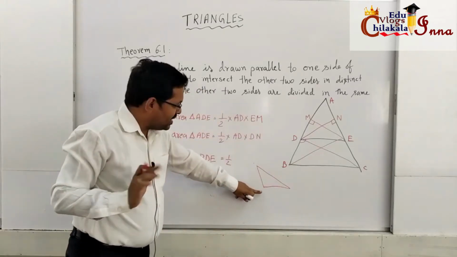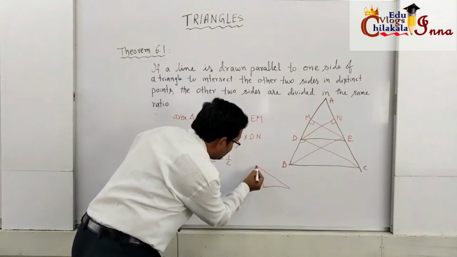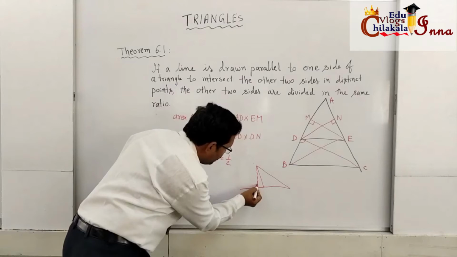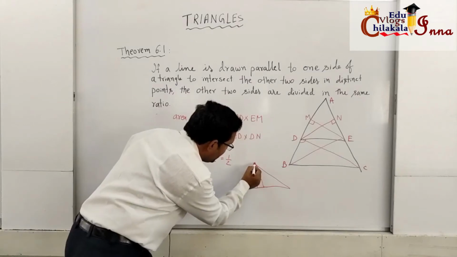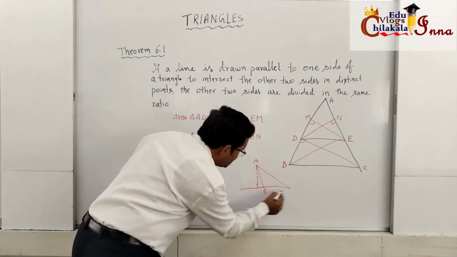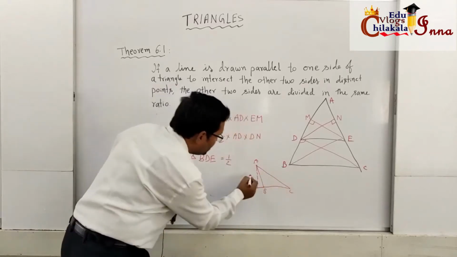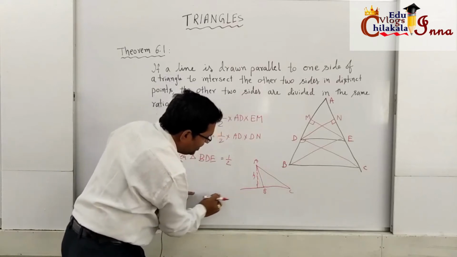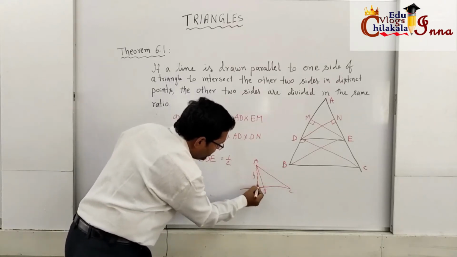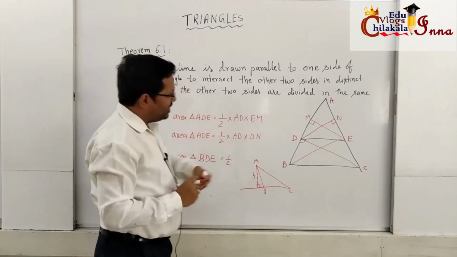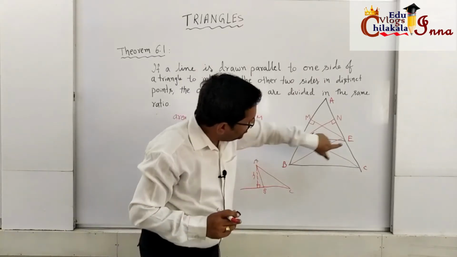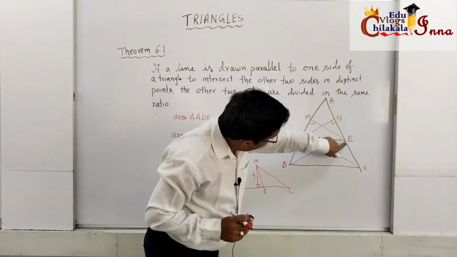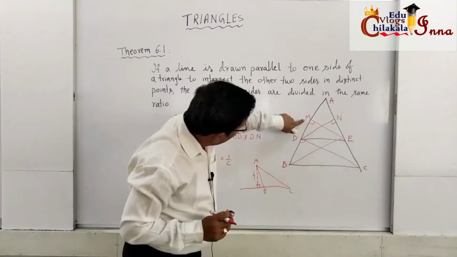If there is an obtuse angle triangle like this, we cannot have a height inside it. So to calculate the height, we extend BC this side, then we draw a perpendicular, and this is the height. So look here, DBA is an obtuse angle triangle, so we extended BA, then we draw from the vertex the perpendicular EM.